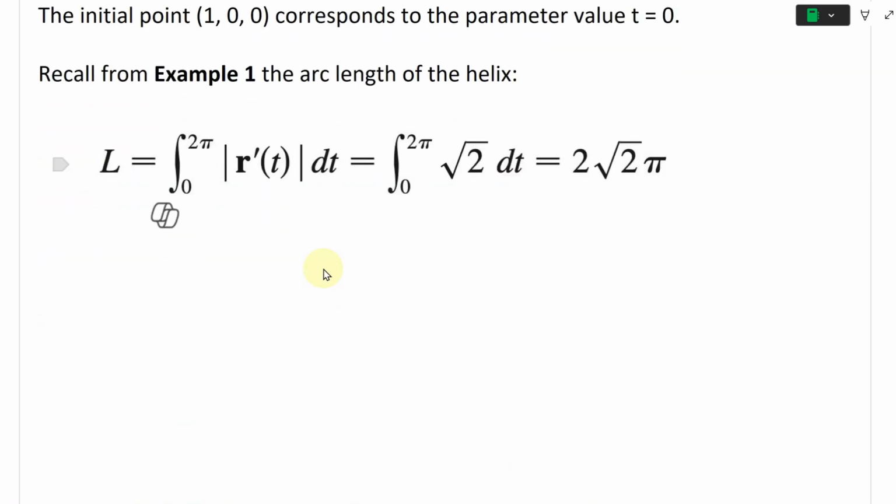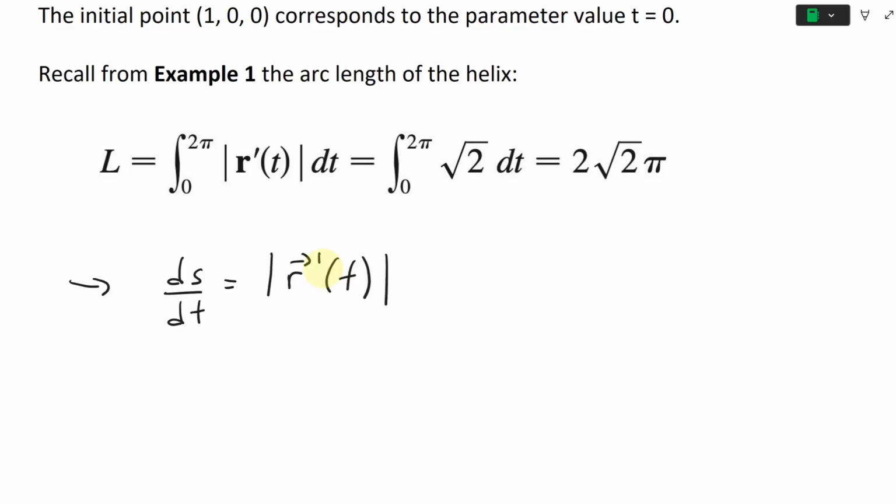In other words, this part right here is just ds over dt. So ds over dt is equal to the length of the derivative of r, which in our case equals square root 2.